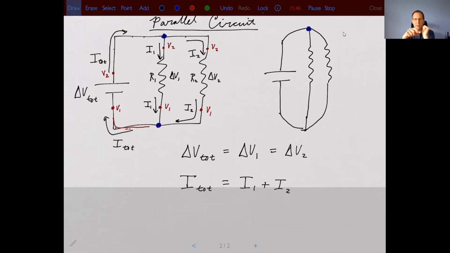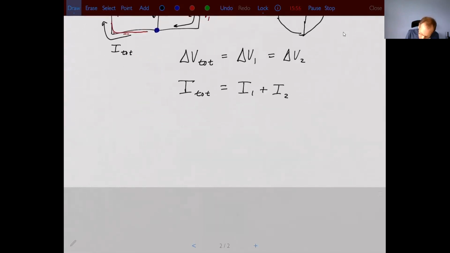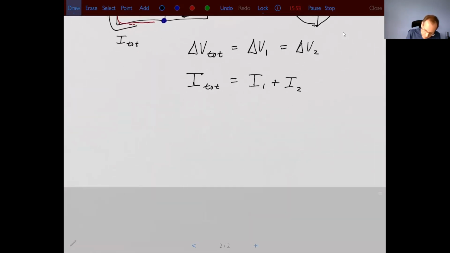How do resistors combine in parallel? Well, it turns out in parallel, this relationship holds: 1 over R total has to equal 1 over the first resistance plus 1 over the second resistance.